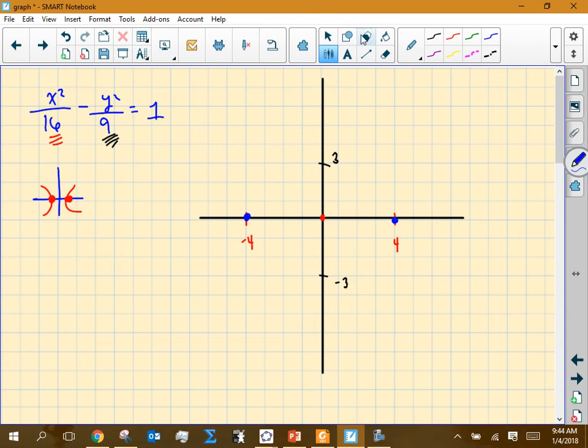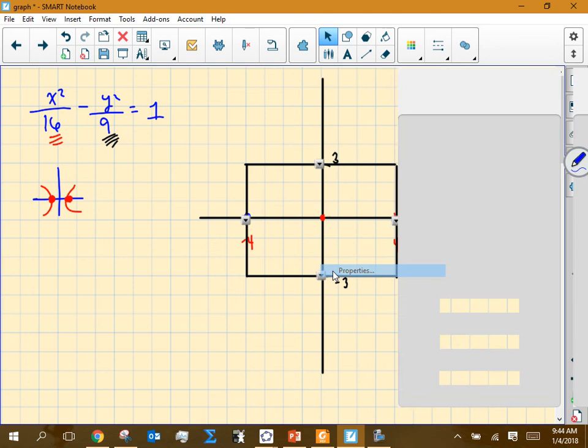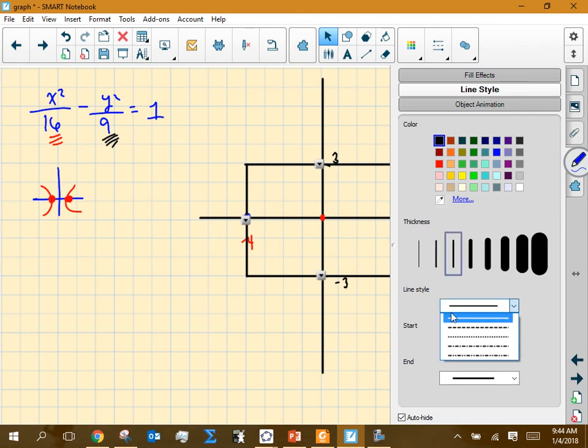So what we do, and this works every time, is take a horizontal line through 3, a horizontal line through -3, a vertical line through -4, and a vertical line through 4. Those initial points that we found, our initial coordinates, we then create respective horizontal and vertical lines through them.